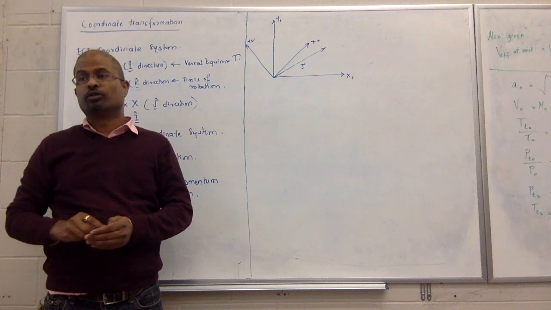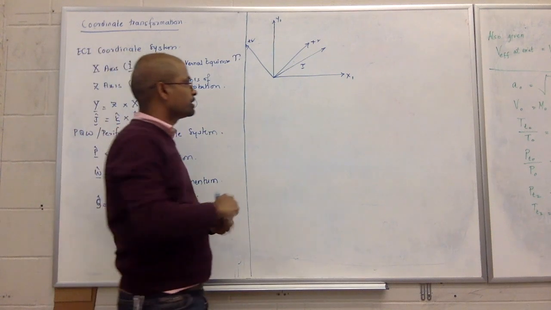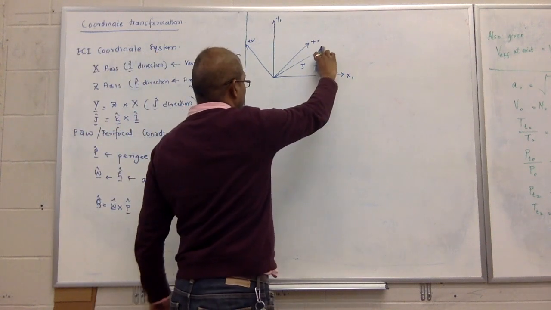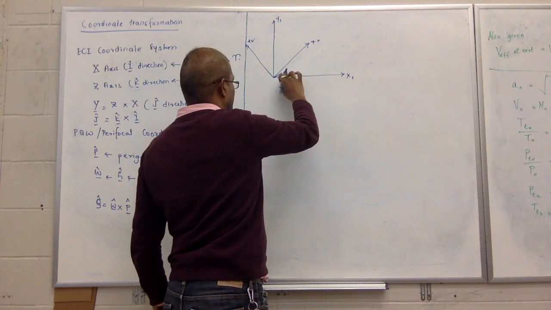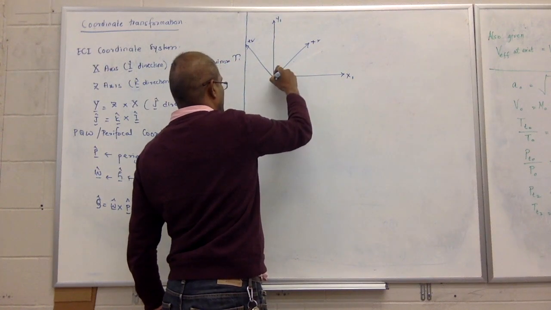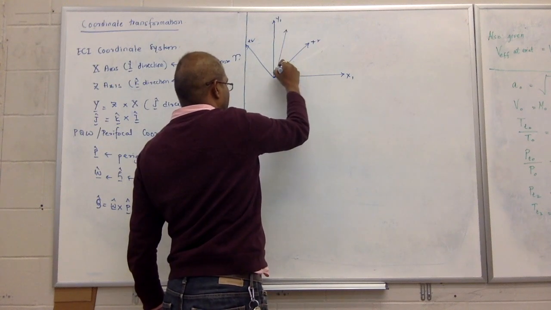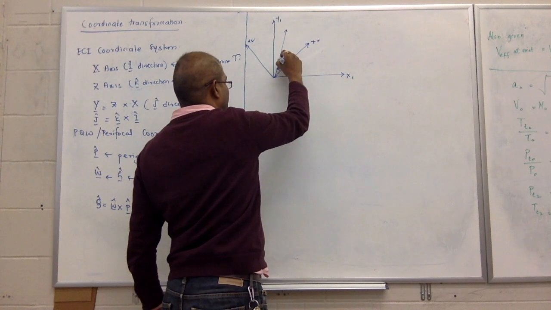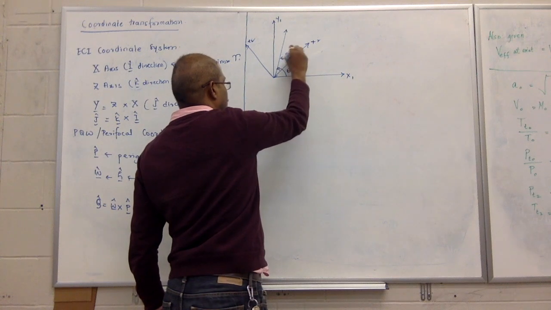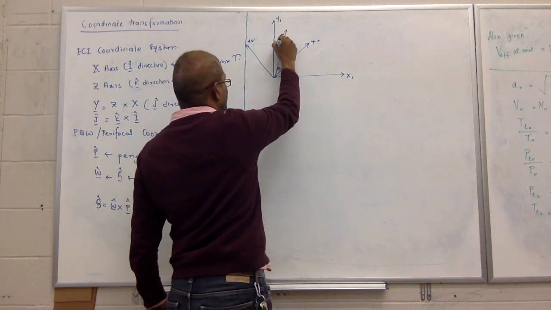It can be defined in both. Now, let's say this is theta 1 and this is theta 2, and this vector is r.